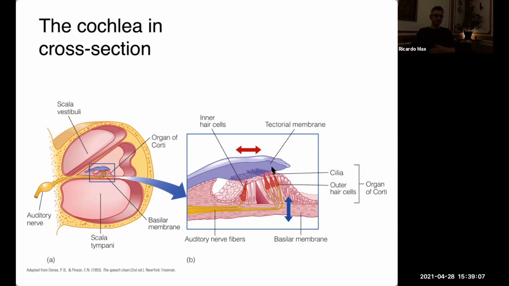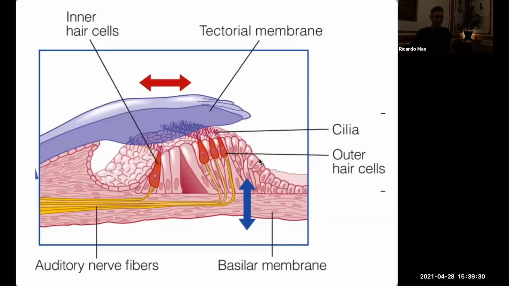And these movements of the tectorial membrane rub on the cilia, these little hairs. It's not a cell. It's a little thing on the top of each hair cell. These are our sound receptors, the outer and the inner hair cells.